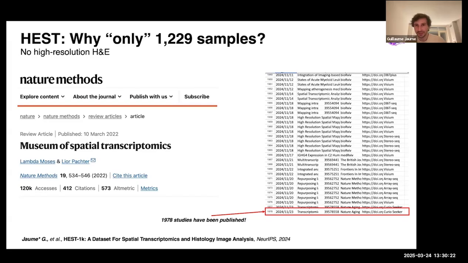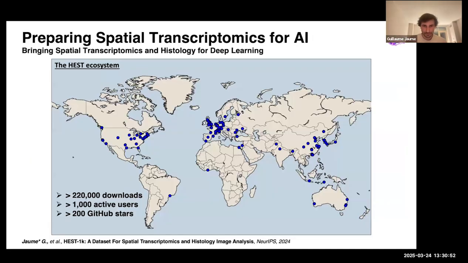Because if you look at this paper, there have been maybe more than 2,000 studies doing ST. And the problem is a lot of people are not publishing the corresponding whole slide image at high resolution. So we only have the ST profile, but if we really want to understand the correspondence and the matching between morphology and transcriptomics, we need both. That's the main reason why we only have 1,200 samples.